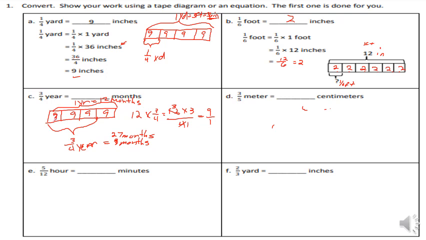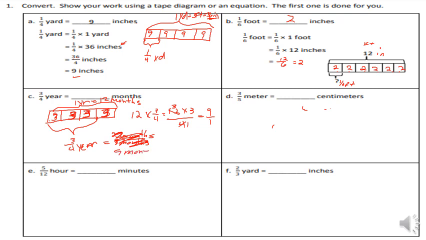That means each one of these would be 3. That's where the problem was. Now when we add it up, 3, 6, 9, 12, so we know it's 12 months. So the correct answer, once again, is 3/4 of a year is 9 months.